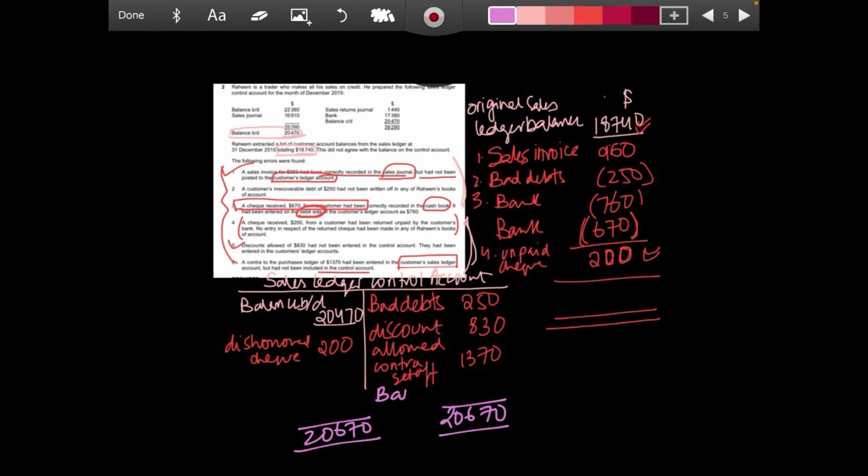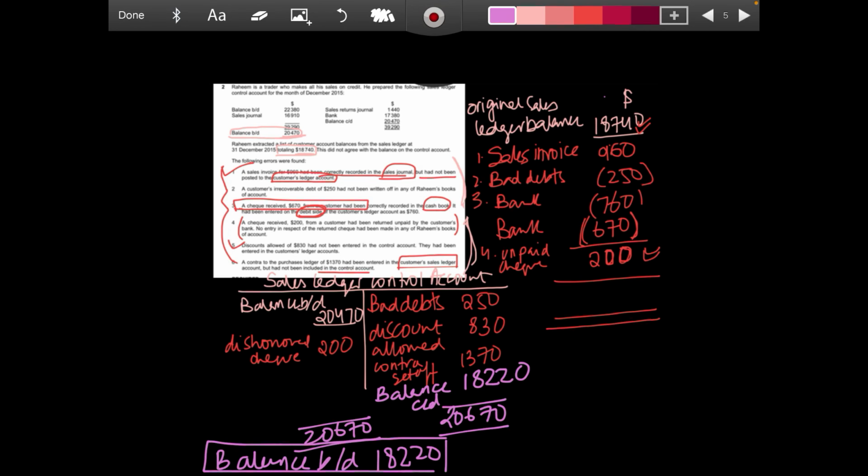The balance c/d on the credit side is 18220. The balance b/d on the debit side, which refers to the amount our customers owe us from the control account, also comes to 18220. So the balances have been reconciled.